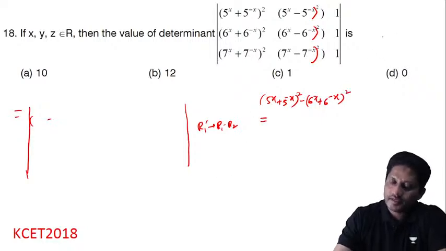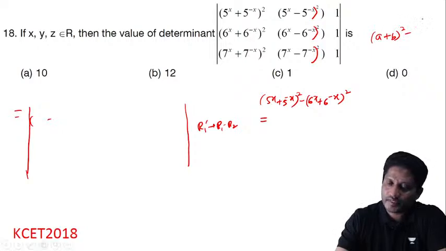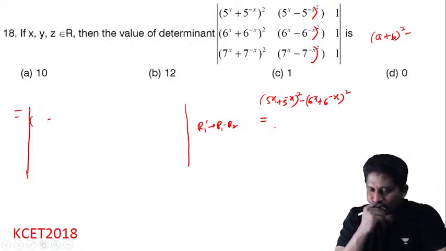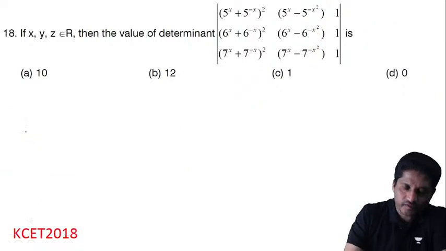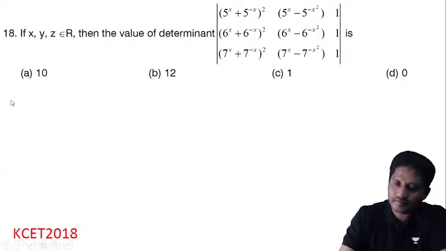I'm changing R1 to R1 minus R2. Now a plus b the whole square minus a plus b the whole square. If I subtract row wise, right? If you subtract, let us subtract column wise.